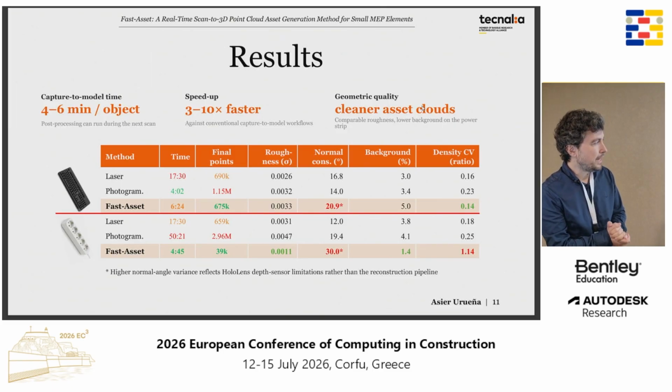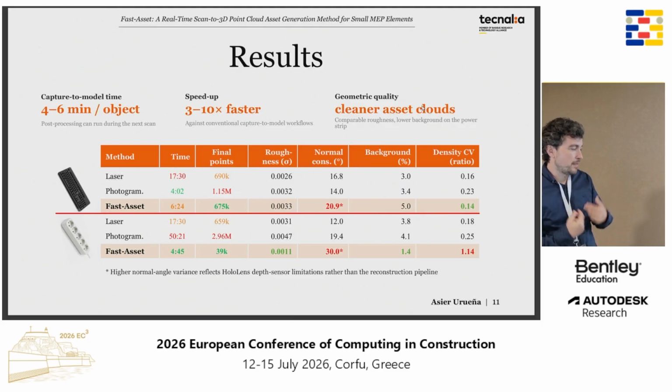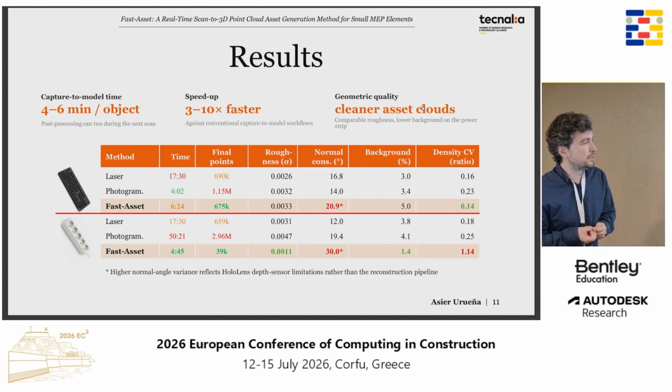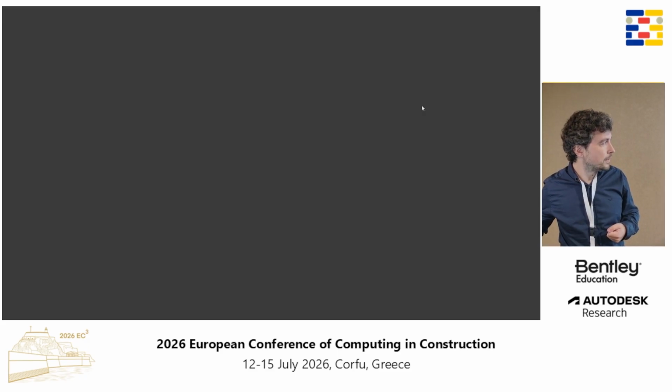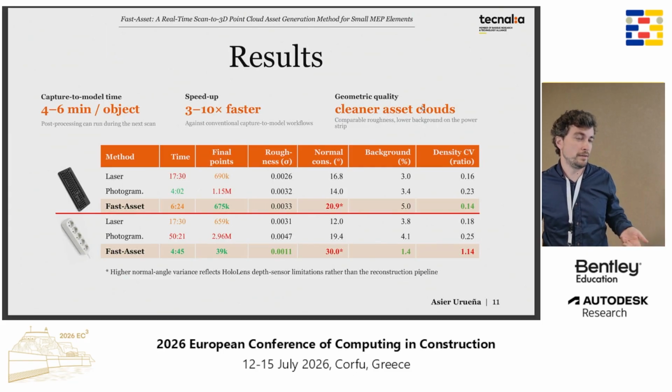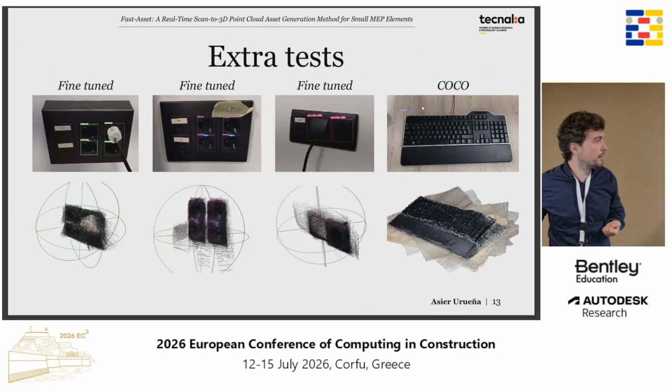The worse roughness and normal consistency indicators in our method are due to the HoloLens sensors, which don't have that kind of precision. But we think that for capturing a 3D asset to complete in a BIM it is enough. And with both of the other methods you require off-site processing. With our method, you review in real time the visual quality, at least, of what you're getting.